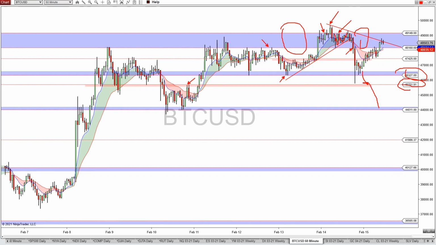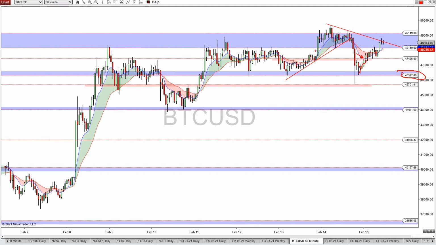And if that doesn't hold, then we're basically looking for this 44,000 area. But as you can see right now, it came down and popped back in, reclaimed the 46,000, reclaimed this 46,300 level, and then pushed through.